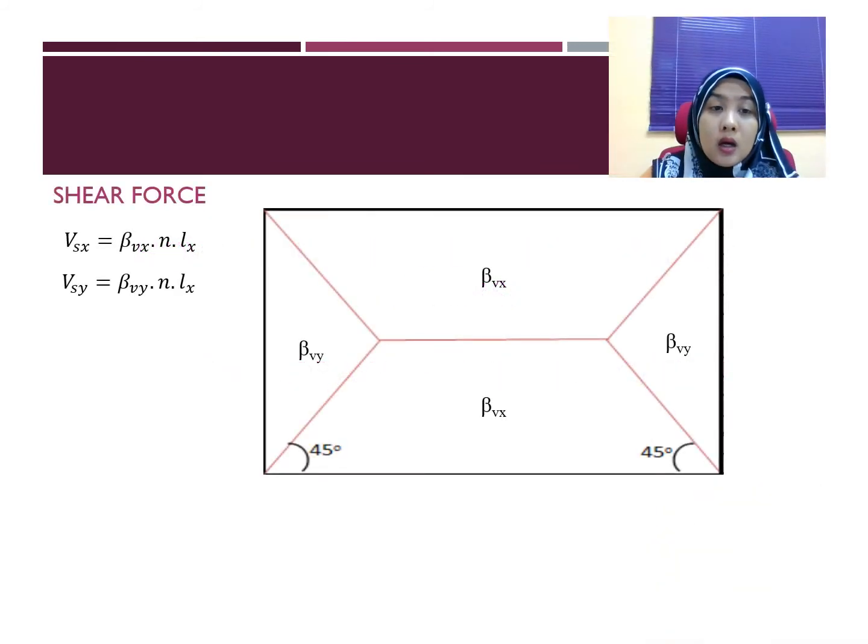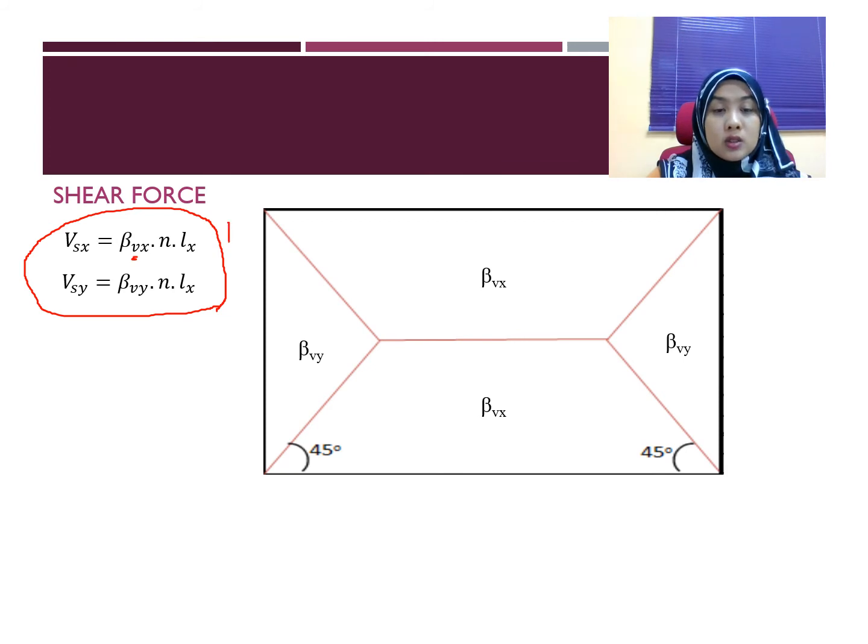So next is the shear force. For shear force, the formula is given as beta V n Lx. V means shear, and Lx, not Lx squared, because this one is shear, so the unit should be in kilonewton. Based on the load distribution, here is the load distribution of a two-way slab, trapezoidal and also triangle.